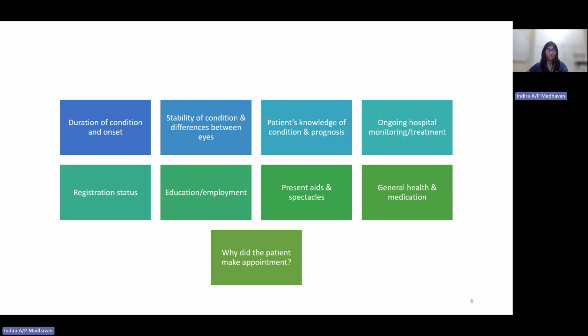The next one is general health and medication. What kind of tablets are they taking every day? That needs to be asked. This is important because we want to know whether there is any systemic disease that is affecting their vision.